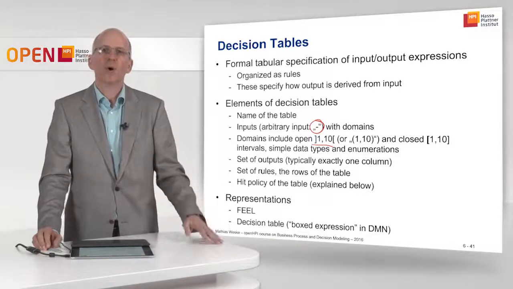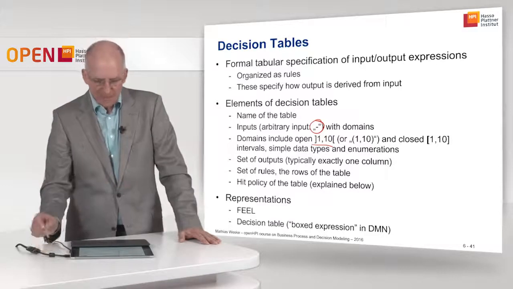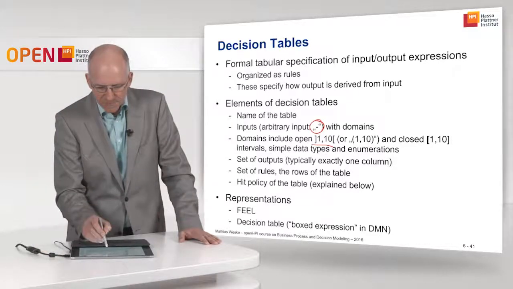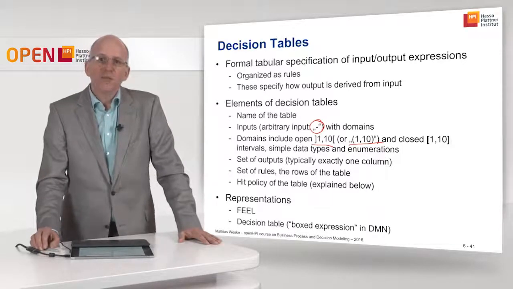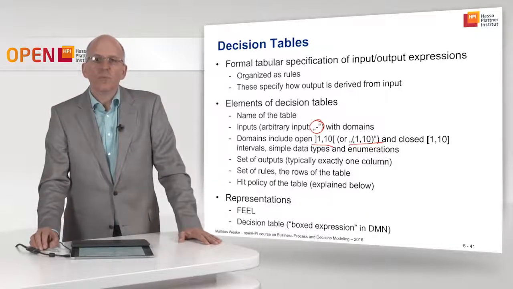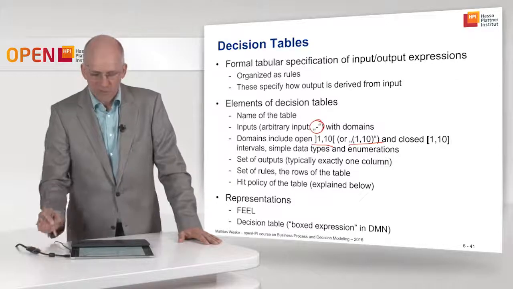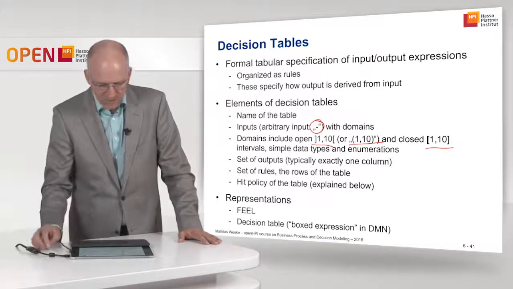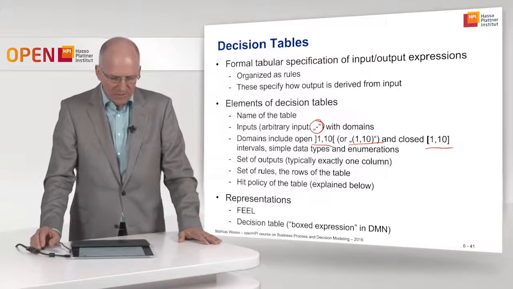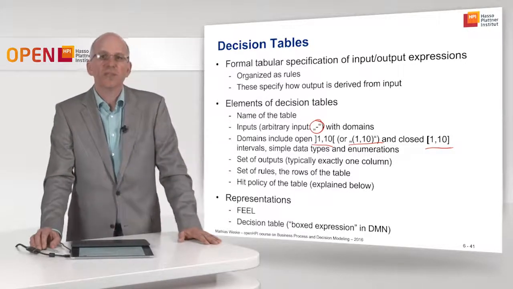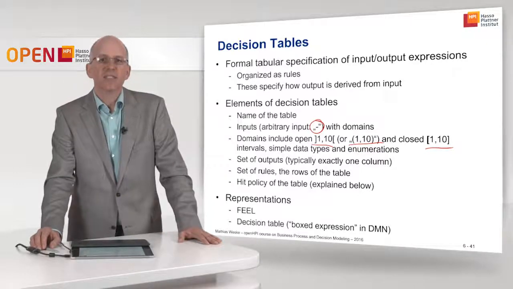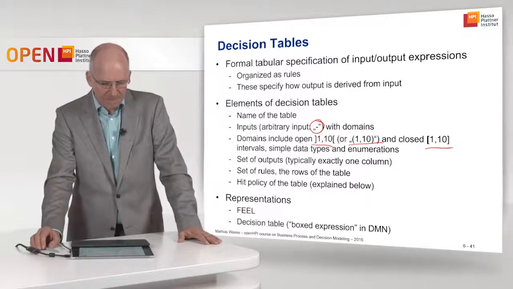So that's what we call an open interval. Open intervals can also be expressed by these types of brackets. And often used are also closed intervals, so from 1 to 10, that's just the interval of the numbers from 1 to 10. We also have simple data types, and we also have enumerations here. So we will find the complete set of data types, of course, in the standard as well.